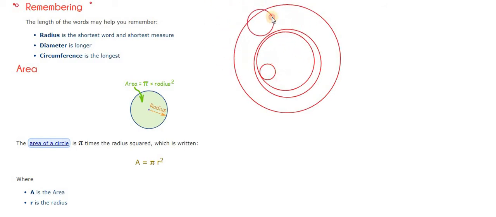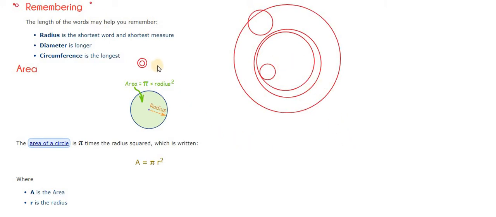So how to find the area of the circles? That's very simple. The formula is area equals pi times radius squared.